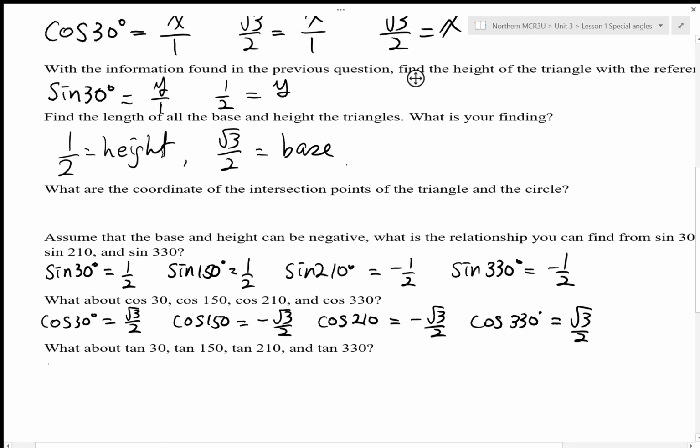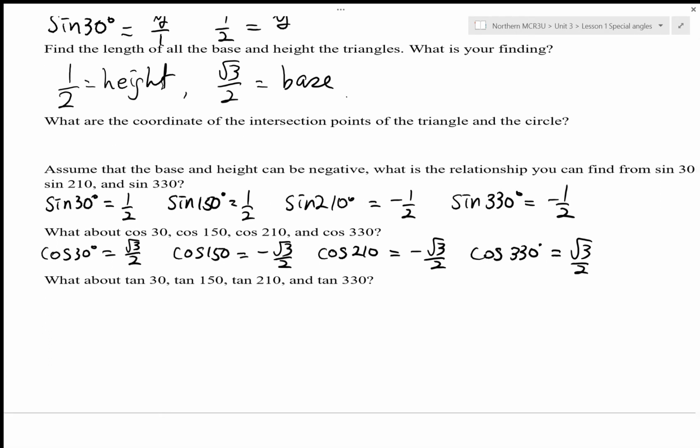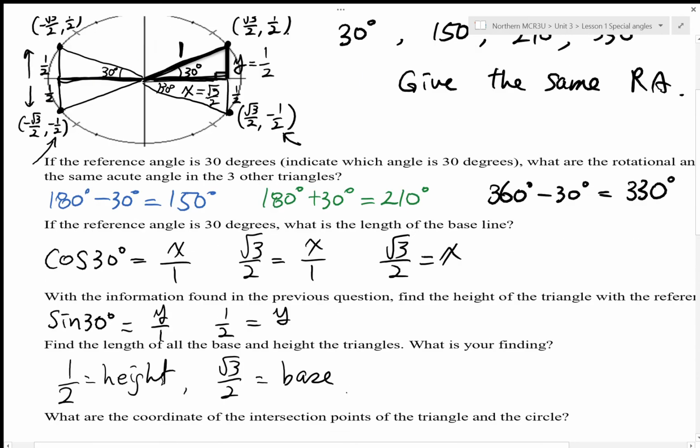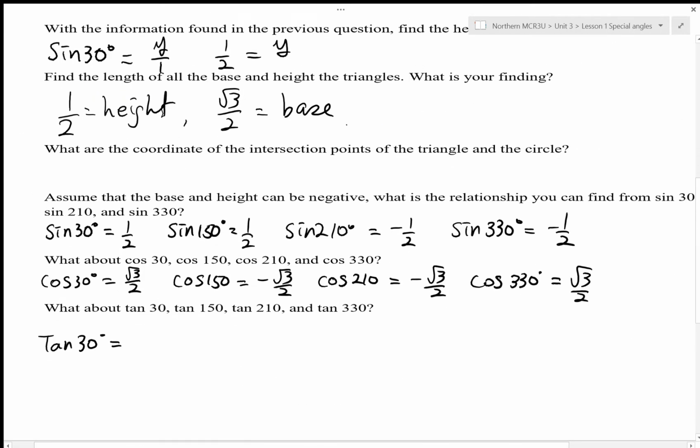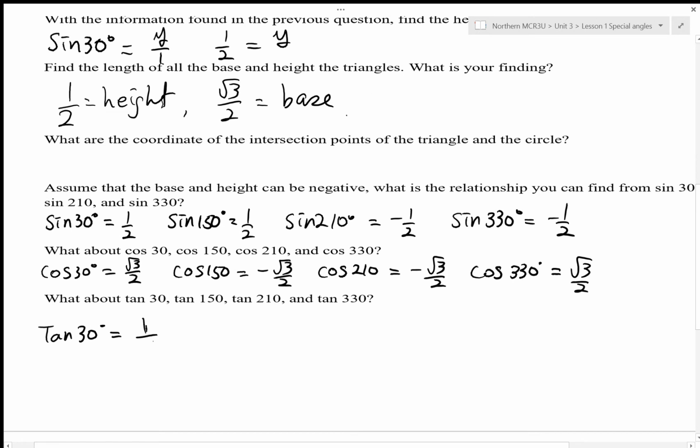Now for the tangent, I actually want you to give this a try and find it on your own. But for the tangent 30, it is 1 over square root of 3. For tangent 150, that will be negative 1 over square root of 3.